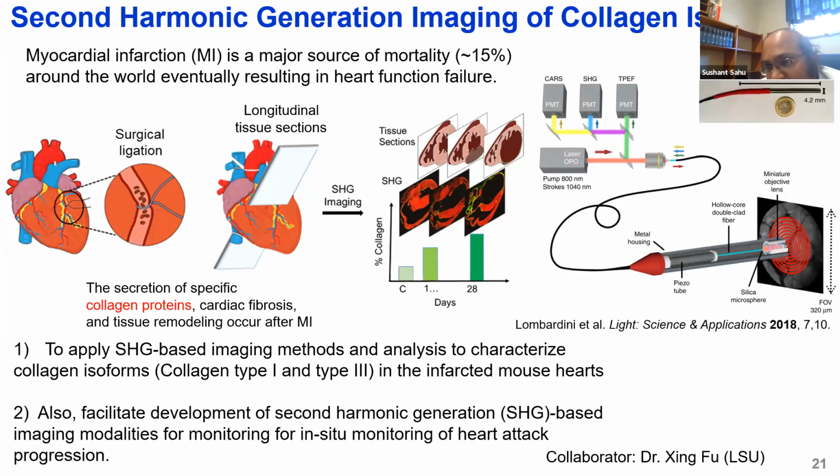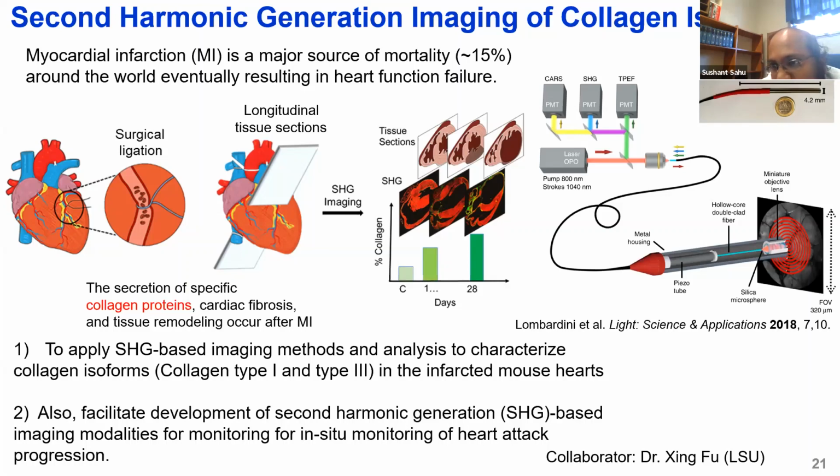Recent research should move in this direction, where you can use microendoscopy to capture the weak SHG scattering from collagen so that you can do real-time monitoring, which has implications in heart transplant related diagnostics.